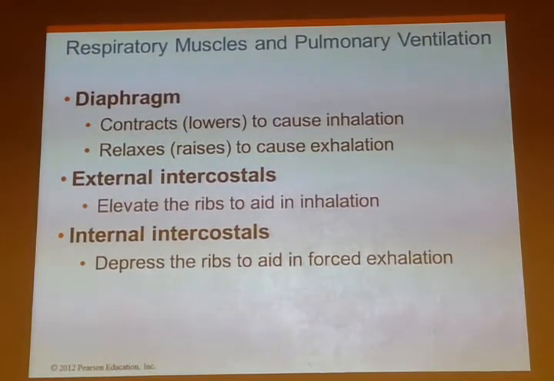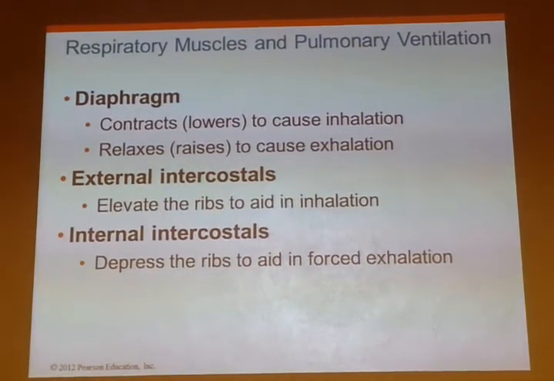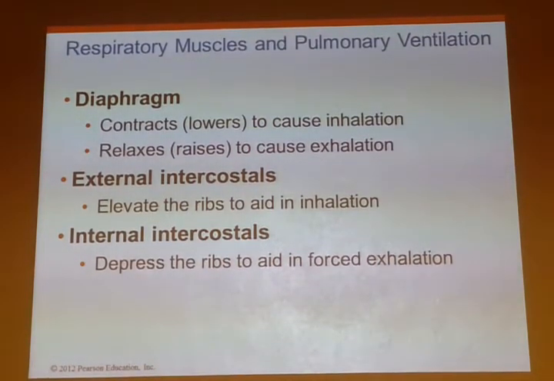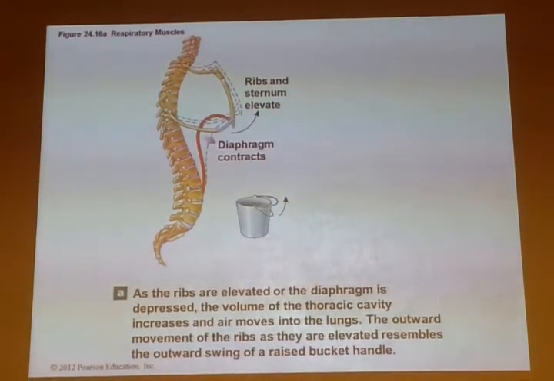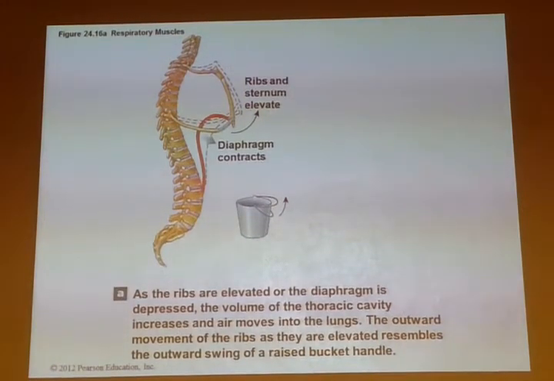And you've got your abdominal muscles and muscles inside your thoracic cage that can help you exhale. We'll be talking about those muscles again, and if you didn't learn them last semester, then you can learn them for this test, because I am going to be testing you on those muscles again.